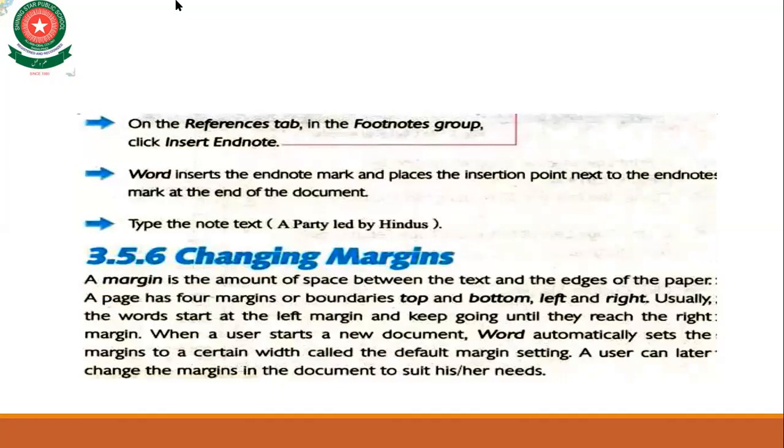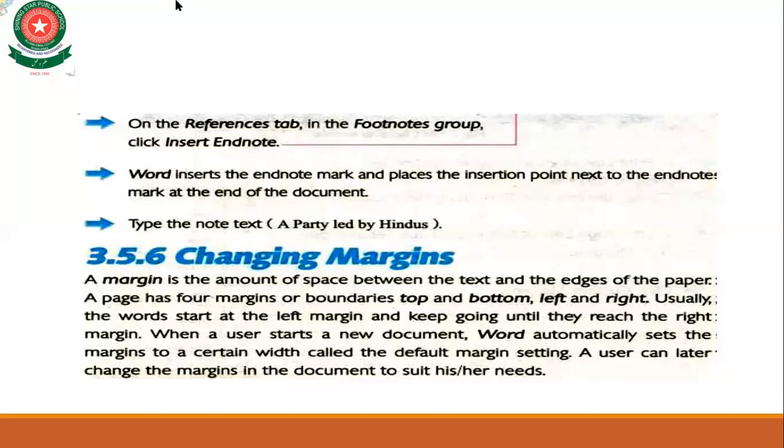Click what you want, then Word inserts the endnote or footnote you clicked and places the insertion point next to the mark, at the bottom of the page or the end of the document. So you can write the note text, anything related to this. These are the ways you can add endnotes and footnotes in a Word document.